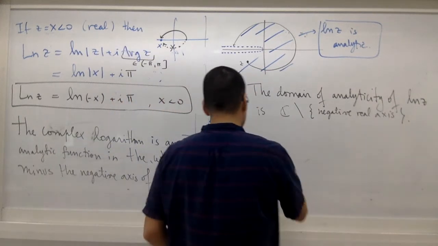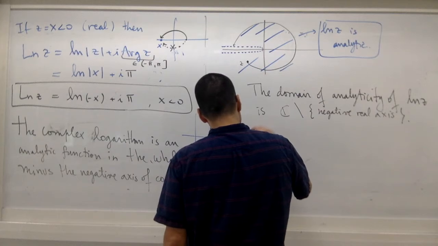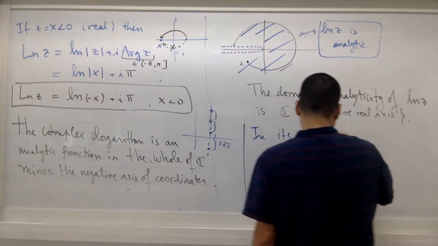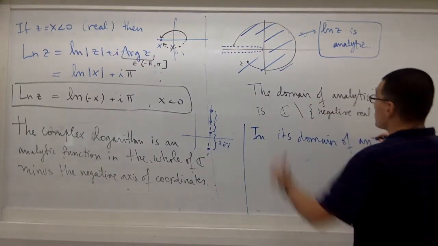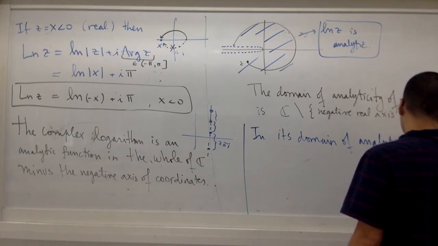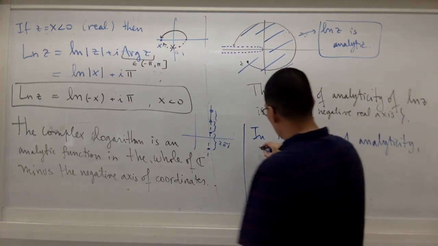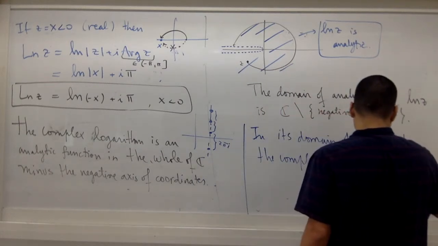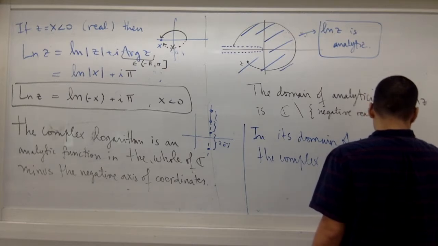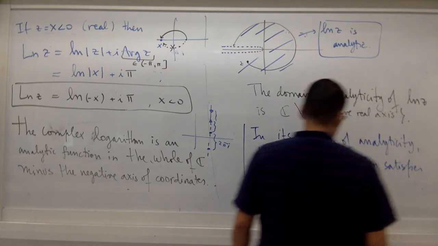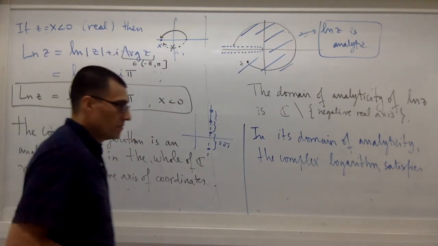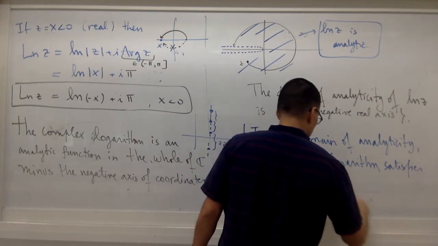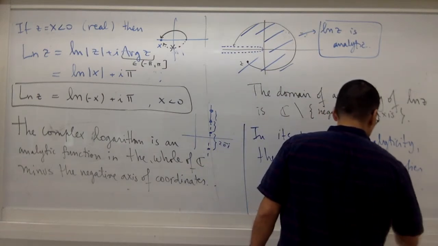The answer is yes. In its domain of analyticity, the complex logarithm satisfies: the derivative of logarithm of z equals 1 over z, for z not 0.